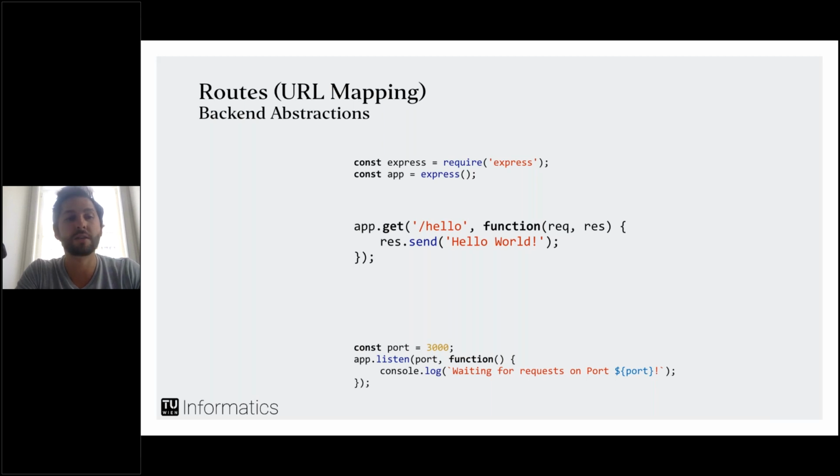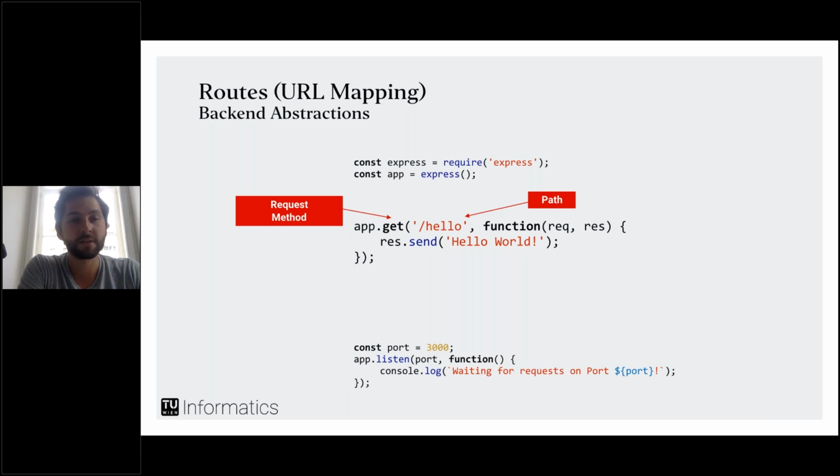So what you need for that is this dependency and module called Express. You say require Express, and you instantiate Express by saying app equals Express. That's the function that is coming back. And based on that, with app, you get the ability to create routes. So if you say app.get, you get the ability to react to the request method get when it comes in on the path hello.